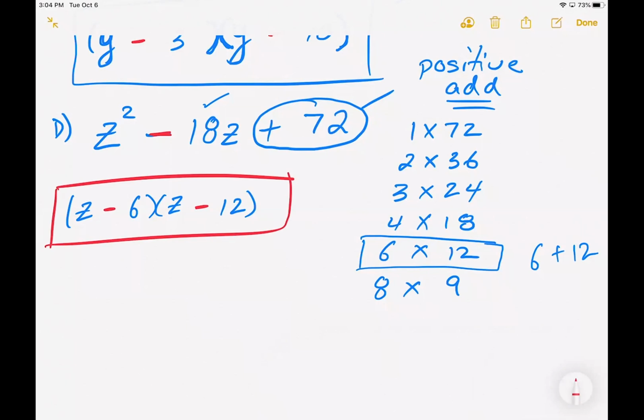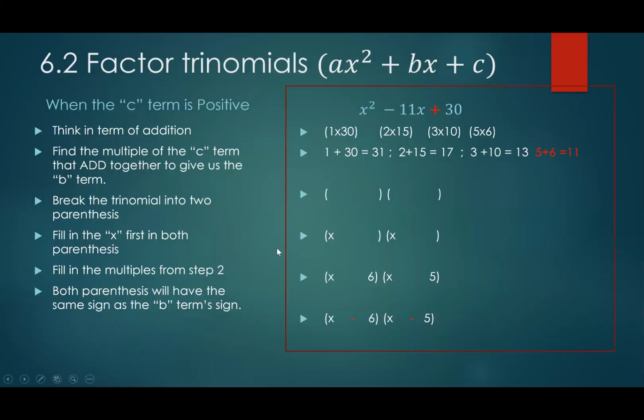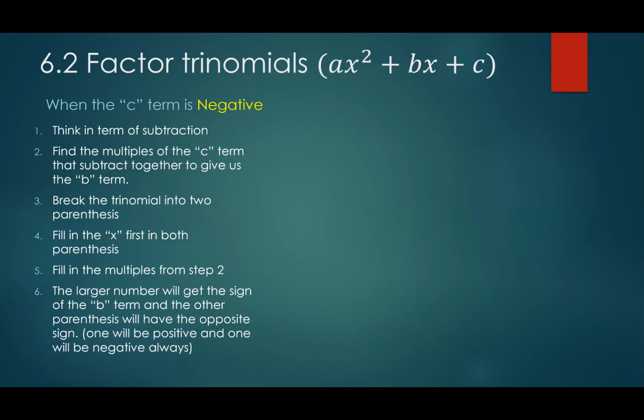So anyway, first of all, any question? Now, let's take a look at this item here. We will go back to that item in a bit. What happens if we have a negative number? What happens if my C term is negative?